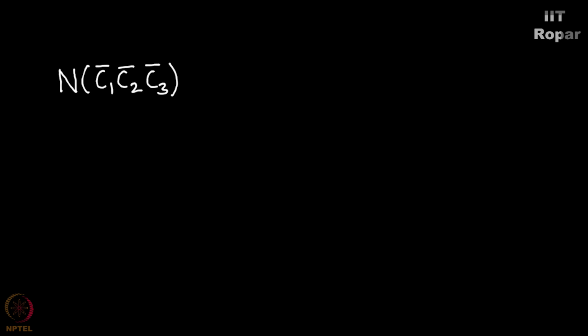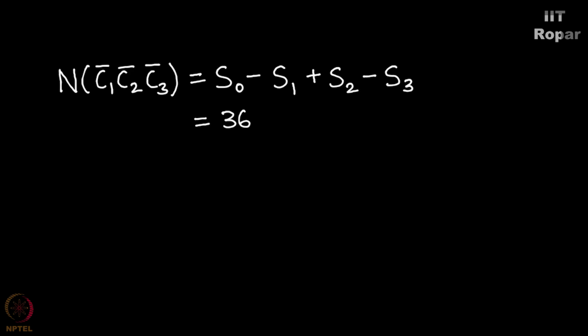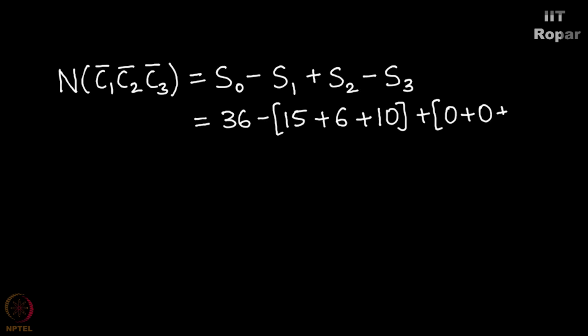N of C1 bar, C2 bar, C3 bar here is equal to S0 - S1 + S2 - S3, which is nothing but 36, which is S0. S1 is 15 + 6 + 10, which is 31. Then S2, which is n of C1, C2 + n of C2, C3 + n of C1, C3, is 1.